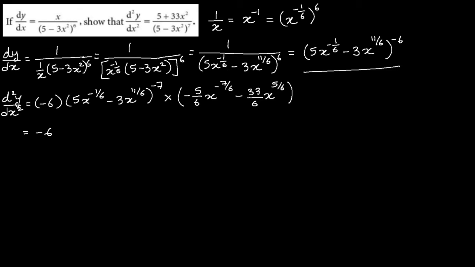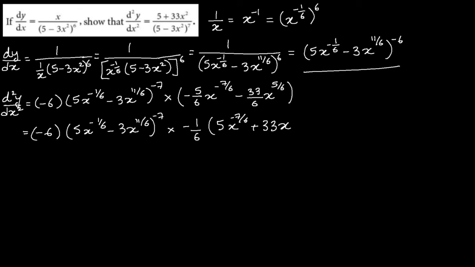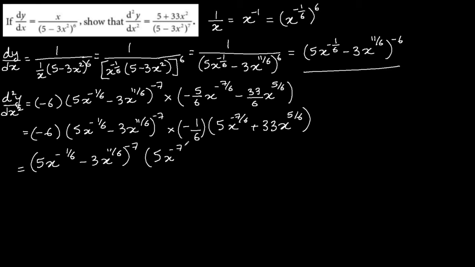Now tidying this up, we have minus 6 multiplied by 5x to the negative 1 over 6, 3x to the 11 over 6, all to the negative 7. But we can take out a factor of minus 1 over 6 from this bracket, which changes this to look like that. And we've got this and this, which cancel perfectly, leaving us with just 5x to the minus 1 over 6 minus 3x to the 11 over 6 to the negative 7 times 5x to the minus 7 over 6 plus 33x to the 5 over 6, which if we wrote as a fraction would look like that.